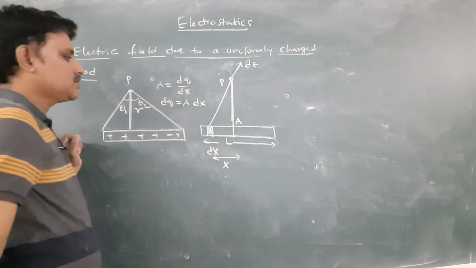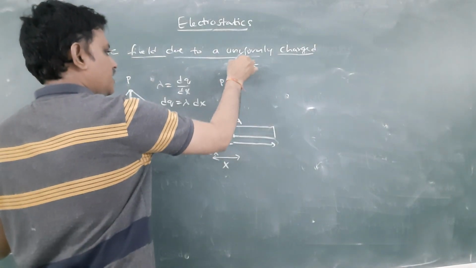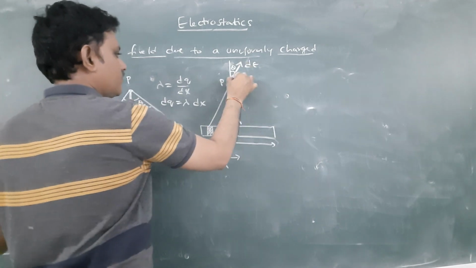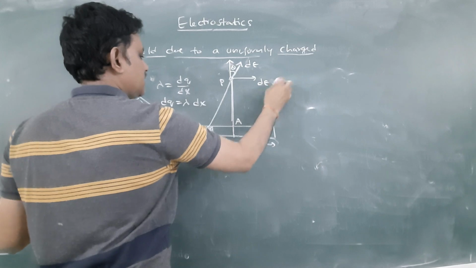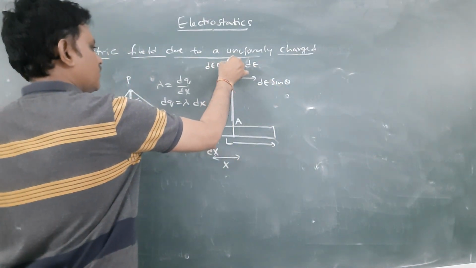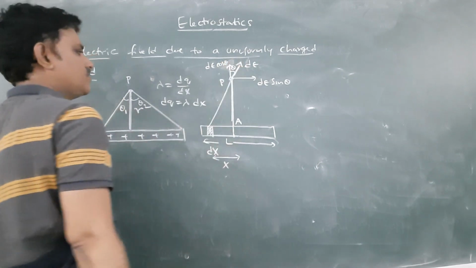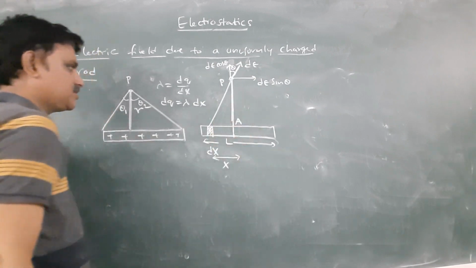Okay. So the value of dE is, this is the dE direction, and with respect to vertical it makes an angle theta. So the dE is divided into two components, dE sin theta and dE cos theta. So the dE cos theta is in the vertical direction along y direction, let us suppose, and dE sin theta is in x direction.